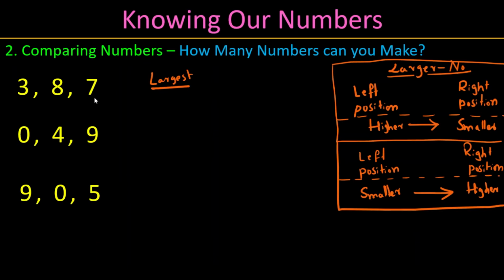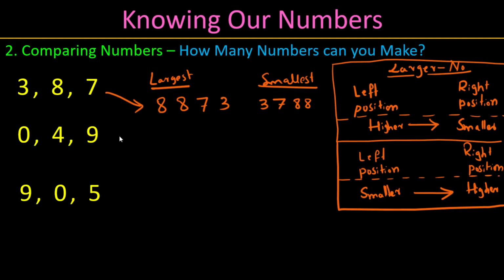I told in the beginning that this is the condition: the higher number should always be at the left side. The highest number is 8, and I will repeat the same number 8, then 7, then 3. So this is the largest number. The smallest number: 3, 7, 8, 8. This is the smallest number.